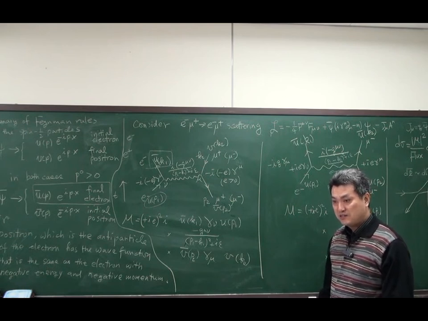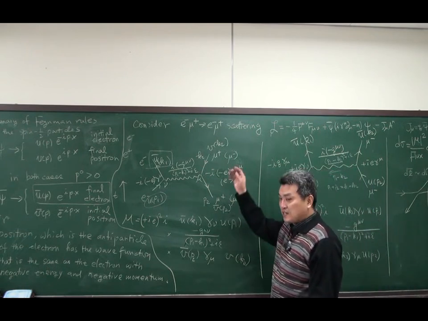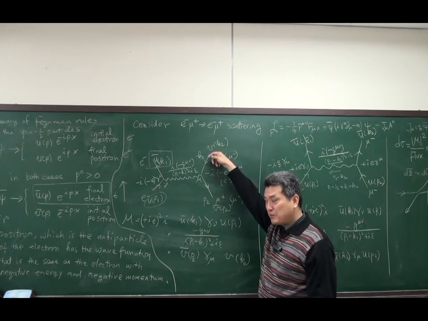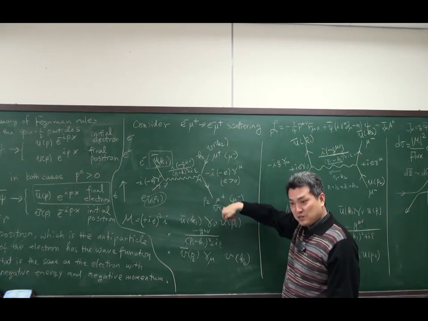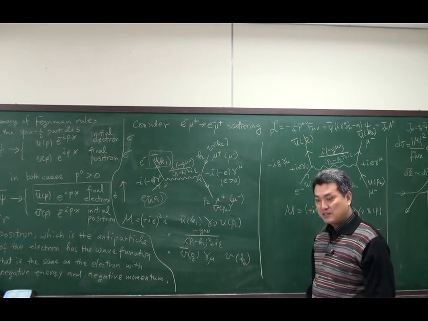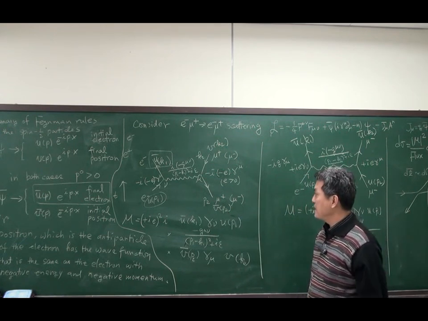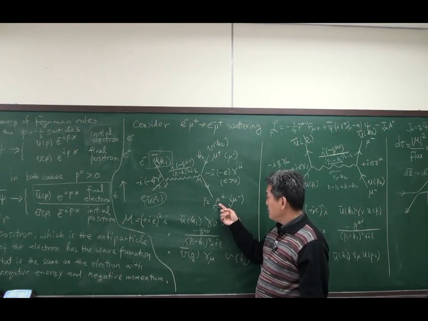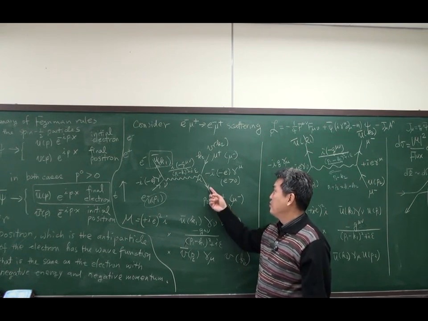Okay? Negative energy and opposite momentum coming from the future to the past can be exactly the same as the solution for the positive energy. Anti-mu is going forward.